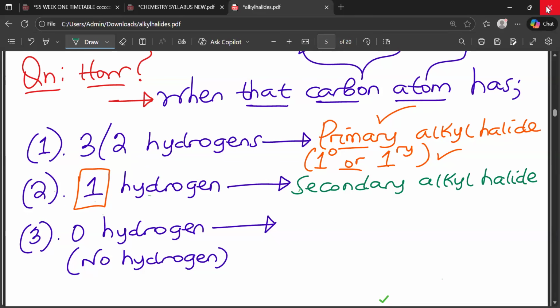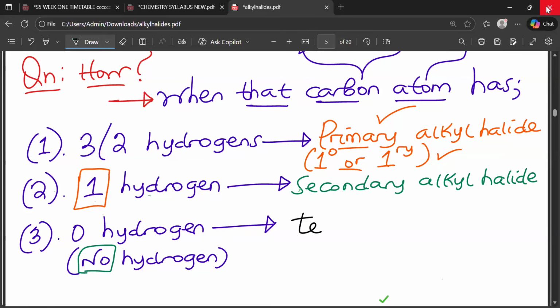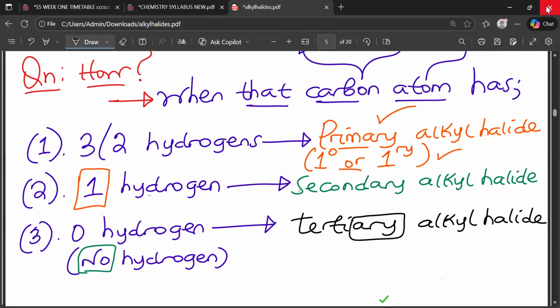And then when it has no hydrogen, completely no hydrogen, that's what they call tertiary. This spelling usually disturbs people. People use double L, I don't know why. I've emphasized it, so I don't expect people to make errors. Tertiary in chemistry.